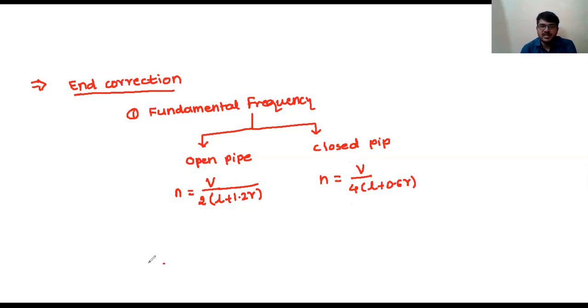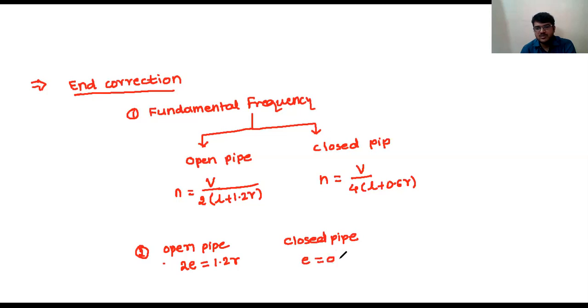And in this end correction, second point we have learned for open pipe you are getting 2e as an end correction. So this is nothing but 1.2 r. In case of closed pipe you are getting only e, which is equal to 0.6 r.